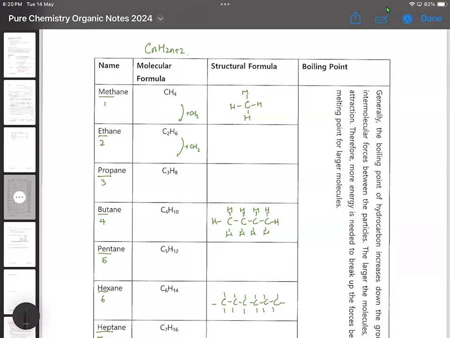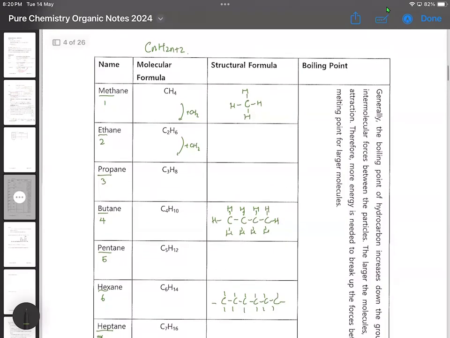Number 4, do notice that consecutive members, indeed, their formula differ by a CH2 group. Okay, and number 5, the structure size will affect the melting and boiling point. The larger, the higher the melting and boiling point. So that's the basic things that you will see on this page.